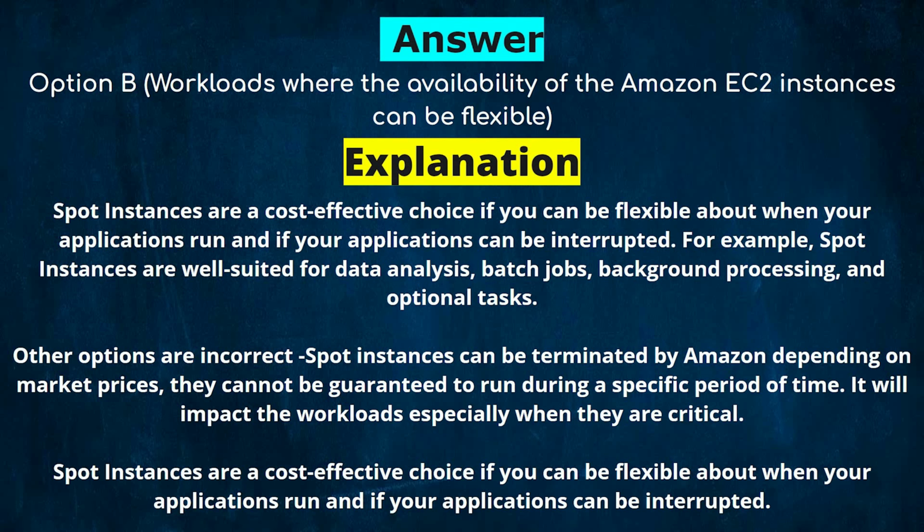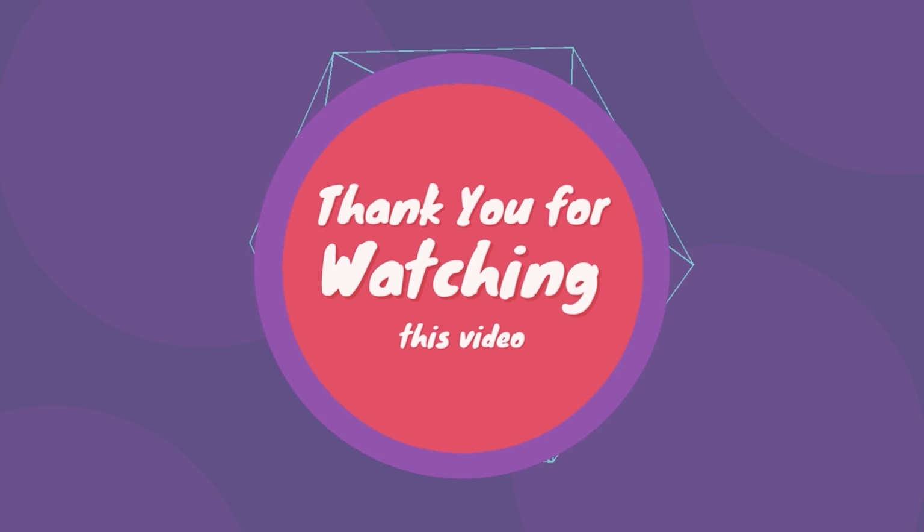Spot instances can be terminated by Amazon depending on market prices. They cannot be guaranteed to run during a specific period of time. It will impact the workloads specifically when they are critical. Spot instances are a cost-effective choice if you can be flexible about when your applications run and if your applications can be interrupted.